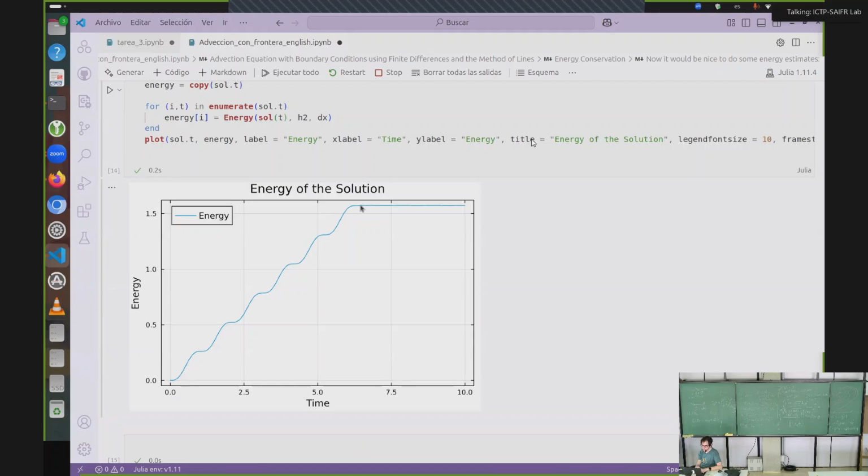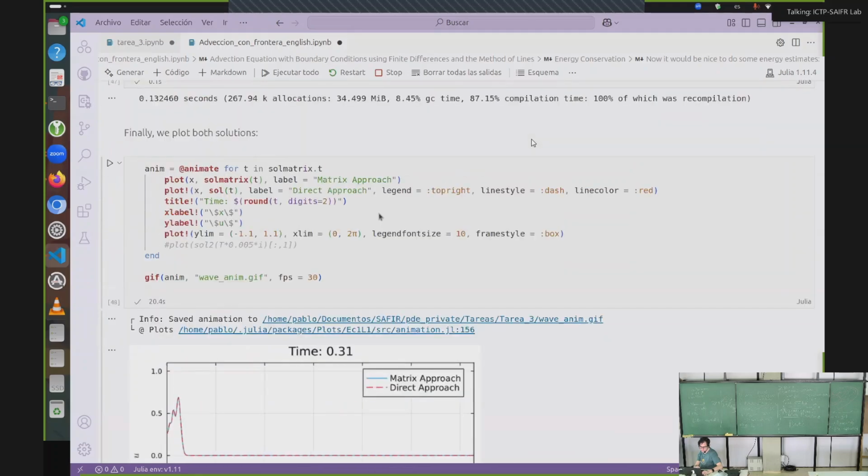If you zoom in here, you will have maybe some little oscillation which has to do with the difference between the 2 points because they are not exactly the same. There will be a small difference, so you will have a very very small sine wave that's oscillating here if you zoom. But you can see how essentially once the system stabilizes, we have some constant value of the energy.